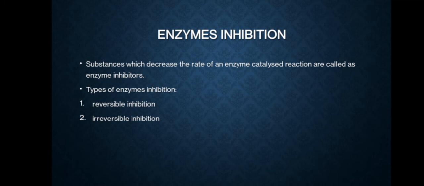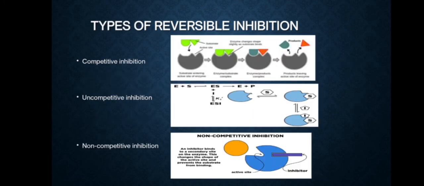For example, the antibiotic penicillin acts as an inhibitor and binds with the enzyme transpeptidase, which is responsible for synthesis of the bacterial cell wall. Reversible inhibition is of three types: competitive, uncompetitive, and non-competitive inhibition.